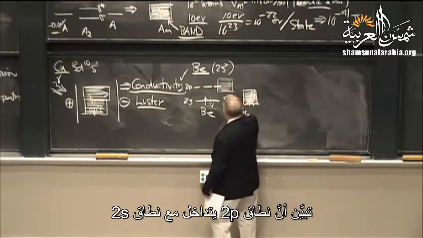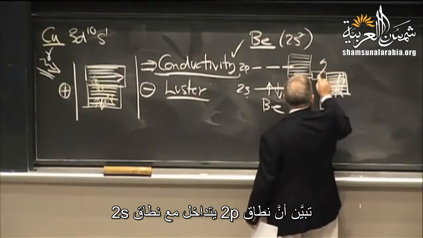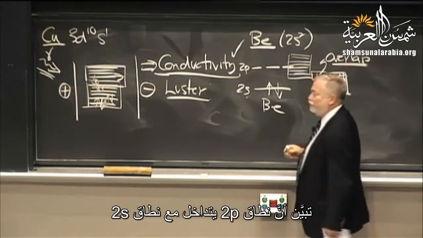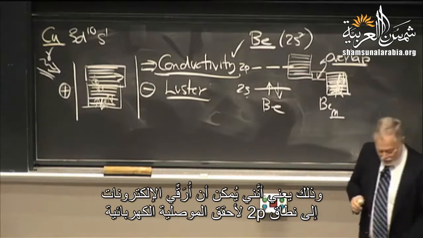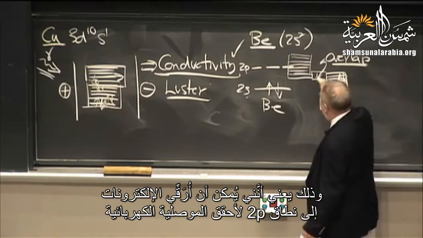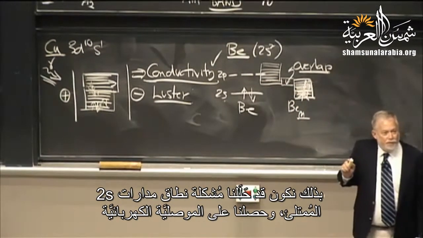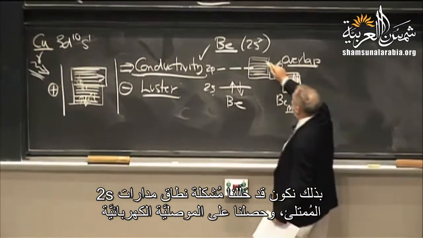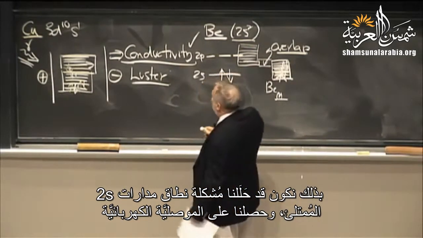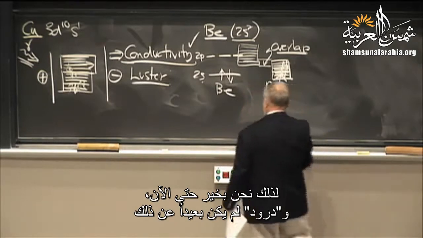The way I've drawn it, the 2p band overlaps the 2s band. What that means is that I can promote into the 2p band, and I can achieve my conductivity. So we've solved the problem of the filled s orbitals, and we've got conductivity in both cases. So we're okay.